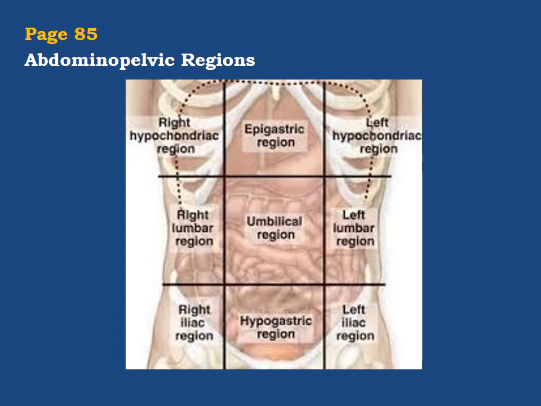Now, page 85. We are interested in one thing here, which is called regions. Again, the body could be divided into regions to make it easier for doctors to describe the position of organs, to talk about the location of organs in the body.